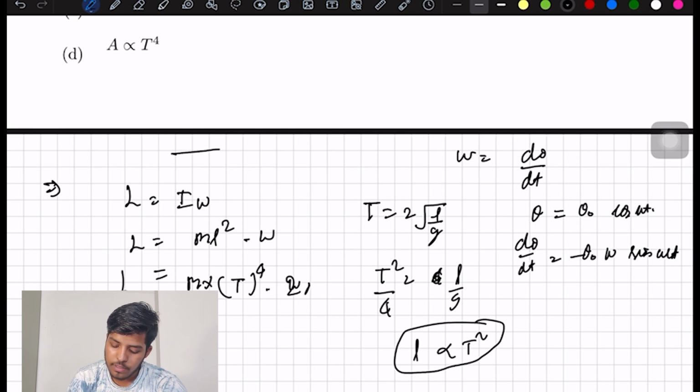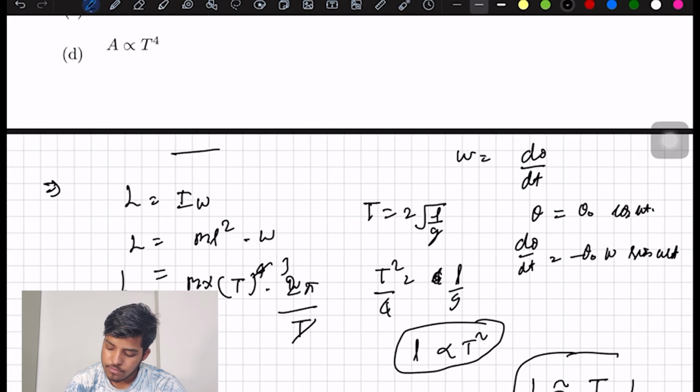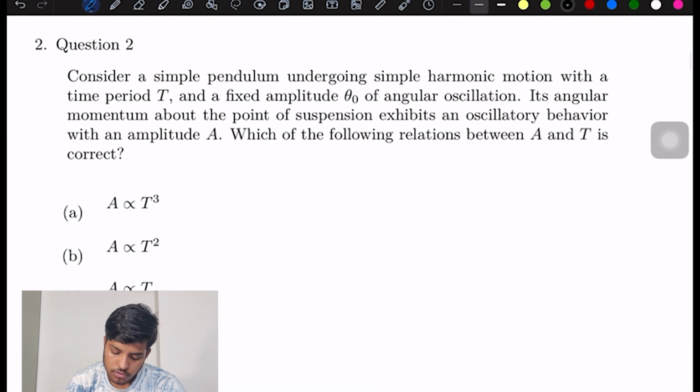Omega is 2 pi upon T, so one T got cancelled, so angular momentum is proportional to T cube. So again option A is correct. So it was quite an easy question.